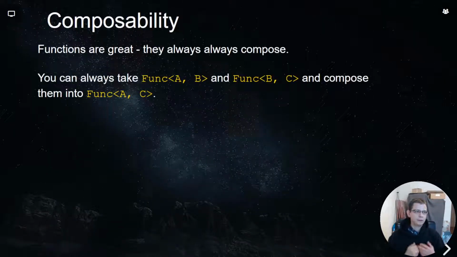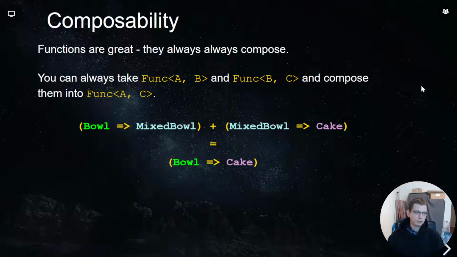One of the things that functional programming is great at is composability, because functions are essentially the primary composability primitive. So you can always take a function from A to B and a function from B to C and compose them into a function from A to C, which might be a bit too abstract. So let's take a look at it like this.